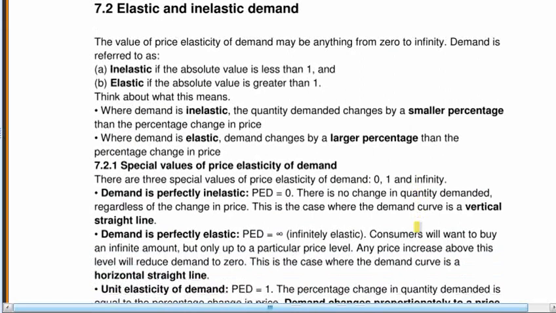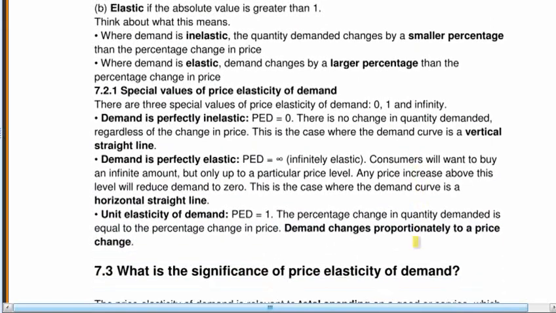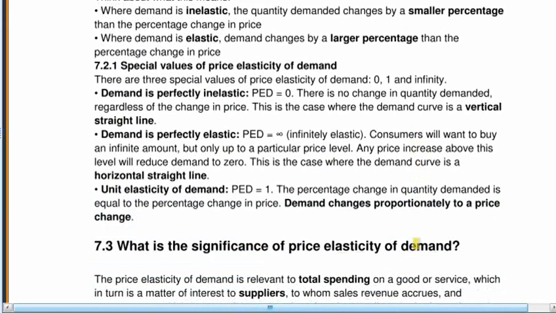So a bit of repetition in 7.2, again defining elastic and inelastic, so we don't need to go through that. Some special values. Demand is perfectly inelastic if it's 0. It doesn't change at all when price changes.